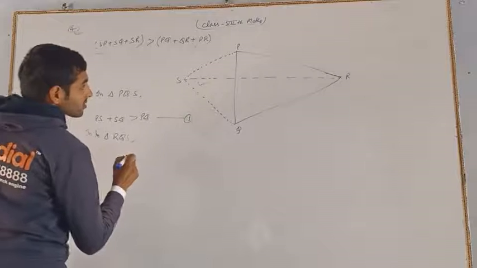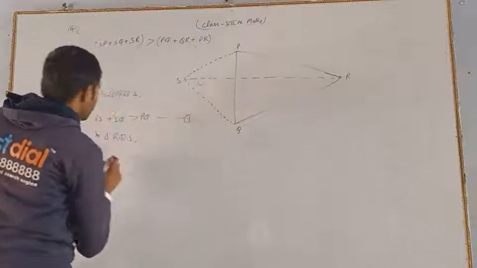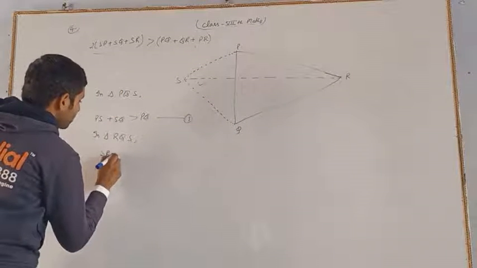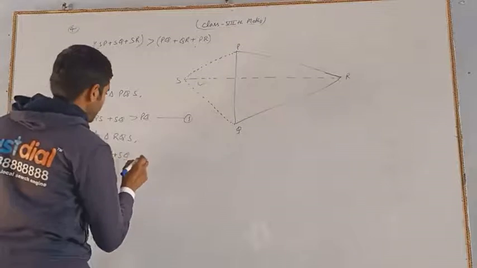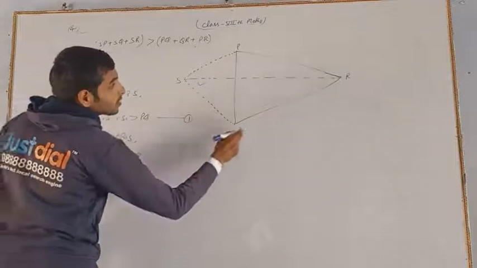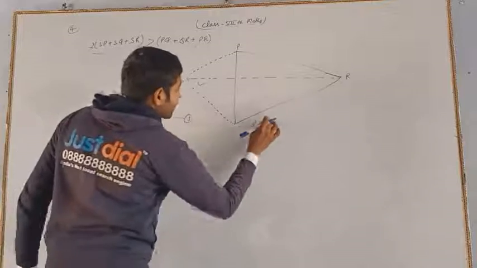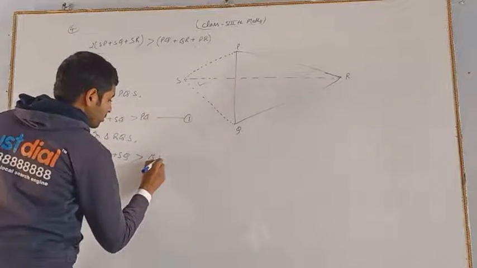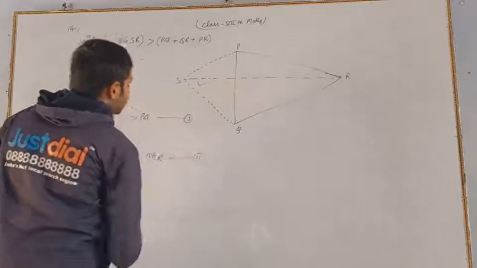So in RQS, SR plus SQ is greater than QR. That is equation number second.